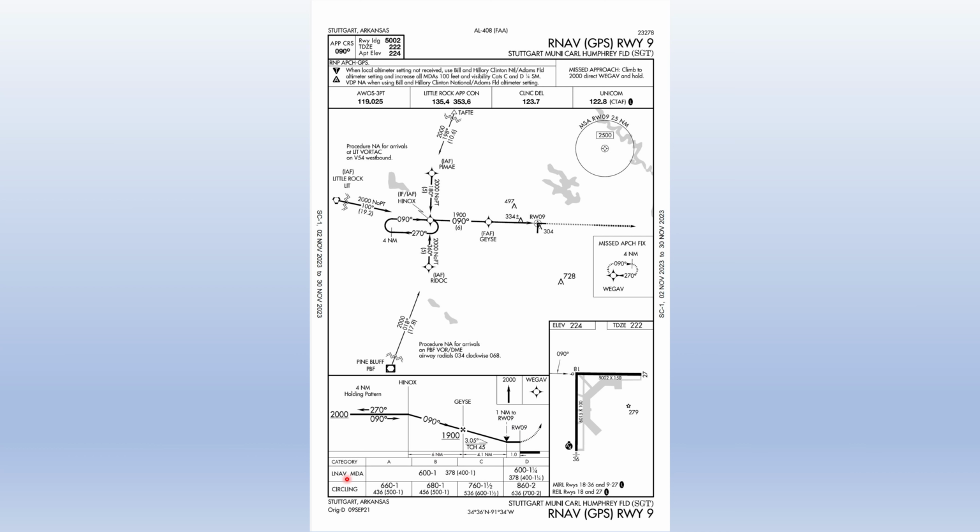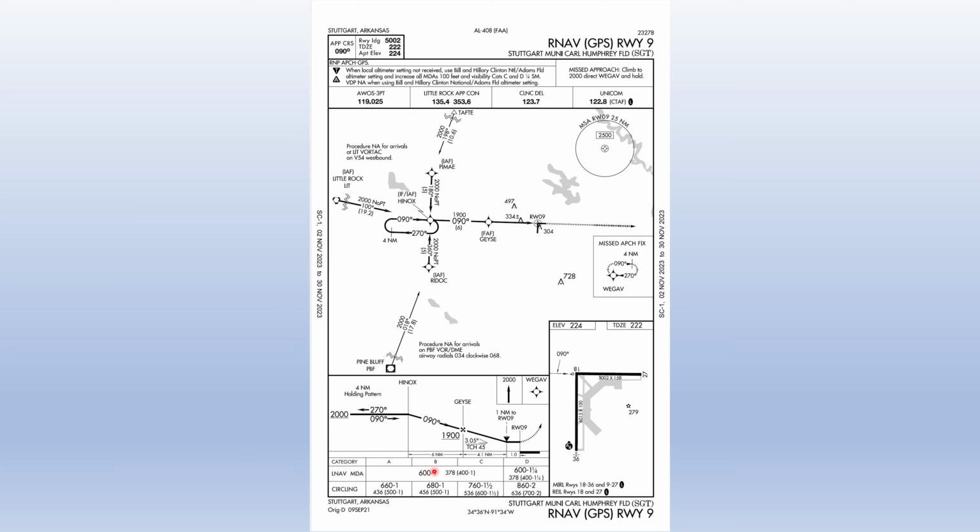It does have just LNAV MDA and LNAV minimums. It is a minimum descent altitude, and it is the same for the straight-in approach for categories A, B, and C aircraft. And then they changed the visibility a little bit for category D aircraft or category A aircraft. So this is the box you want to pay attention to here.